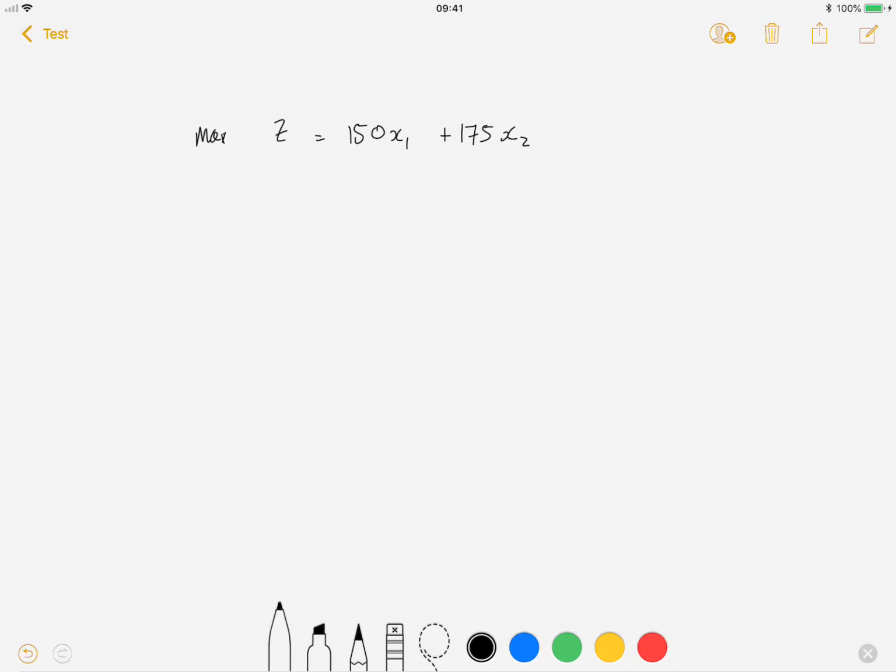And our system: 7x1 plus 11x2 plus our new slack variable, S1, equals 77. And then our second constraint, 10x1 plus 8x2 plus another variable, slack variable 2, equals 80.